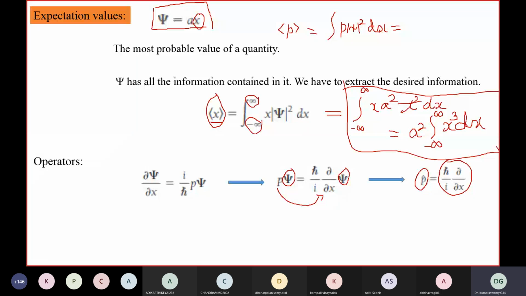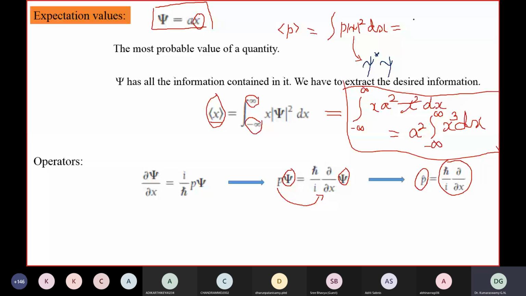Let's fix the range later. This I'll rewrite: psi square is equal to what? Can somebody tell me what psi square is equal to? Probability density, and mathematically it is also represented as psi star psi.